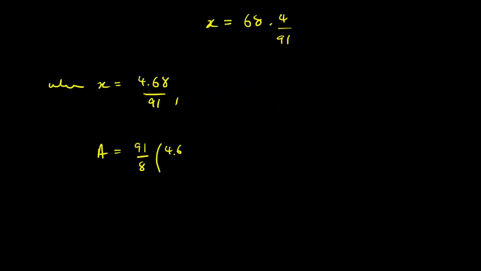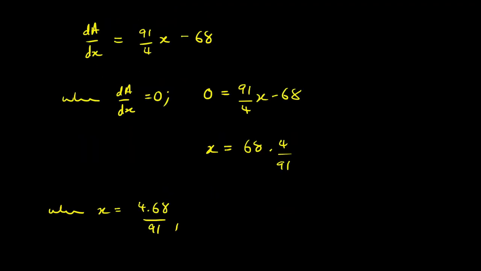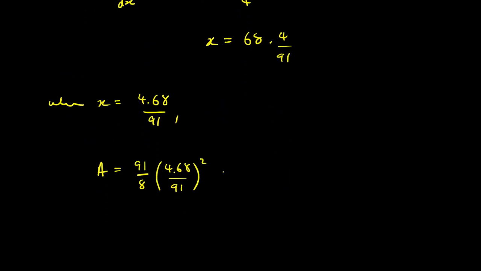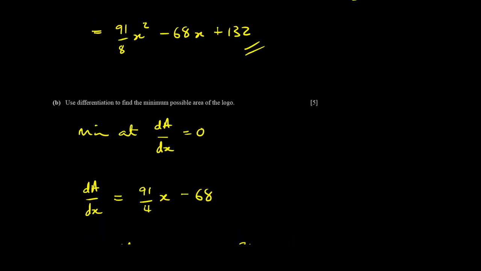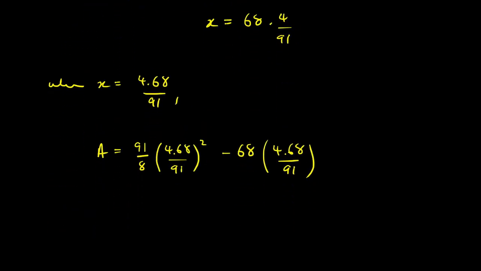So (4 times by 68 upon 91) all squared. Then minus 68x, so minus 68, 4 times by 68 upon 91, and then plus 132.